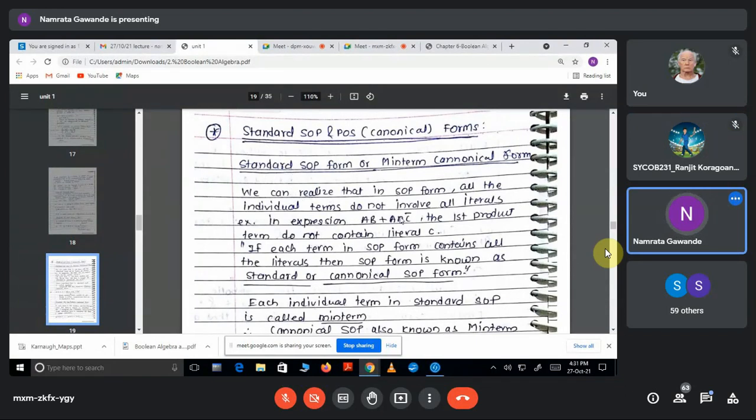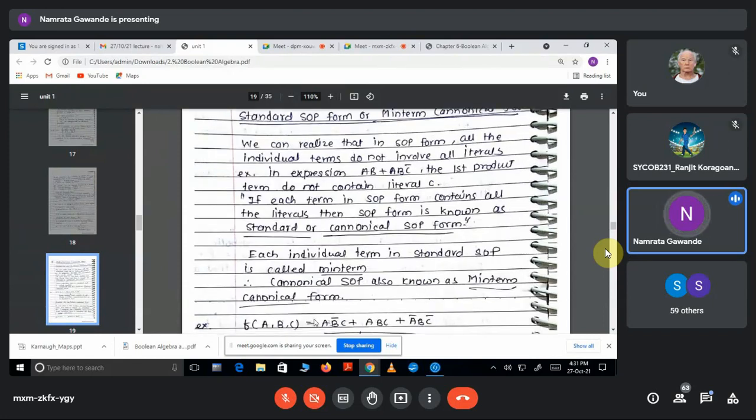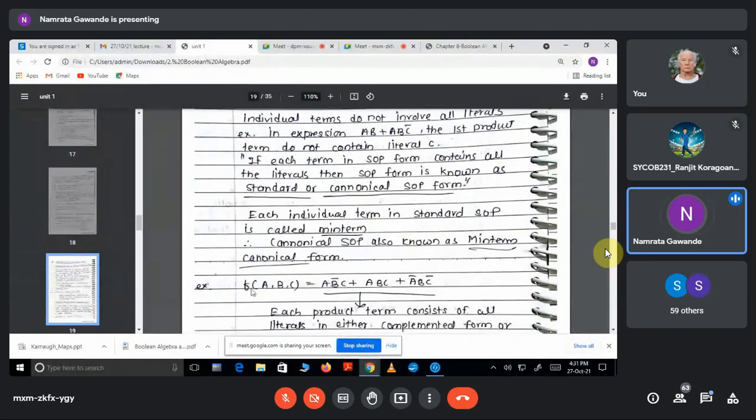You know that the expression, suppose let's consider this expression: F of A, B, C equals A B bar C plus A B C plus A bar B C. What can you see in this particular expression? It represents 3 variables, which means this is a function of 3 variables. Right? But here you can see 3 terms are present.